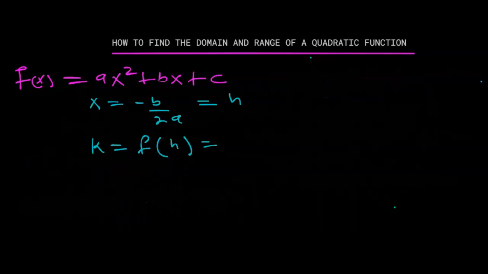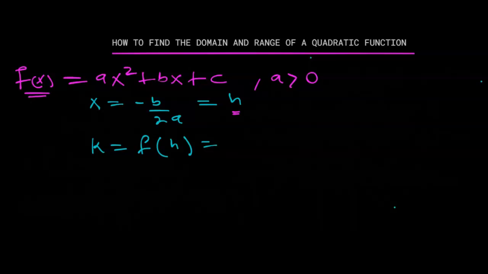Now, given the function f of x equals ax squared plus bx plus c, where we are assuming that a is greater than 0, the x component of the vertex h is given as x equals minus b over 2a. Now once you get this value for x, you can just come and slot it in this function and you'll get a value for k.